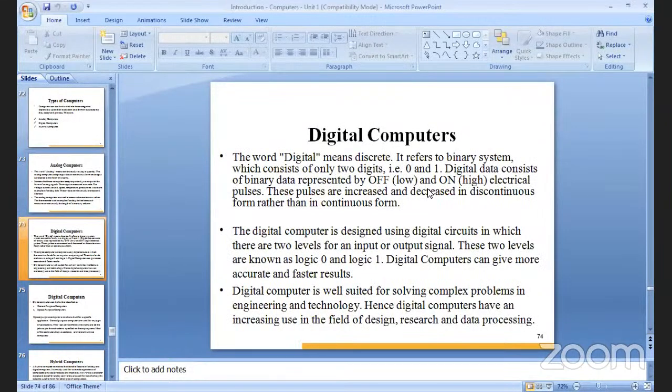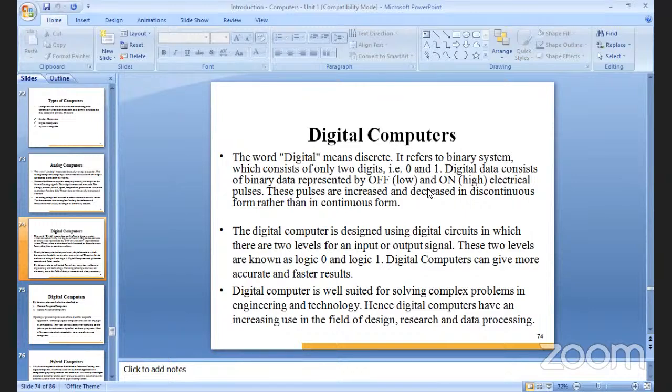Next is the digital computer, which depends on digits. The word digital means discrete, and it refers to the binary system, which consists of only two digits: zero and one.